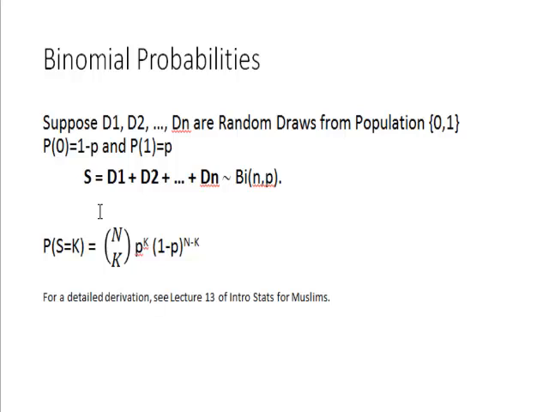And now the most fundamental and important theorem is that the probability that S equals K is given by N choose K, which is N factorial over K factorial times N minus K factorial, times P raised to the Kth power times 1 minus P to the N minus K power. So this is crucial, central.